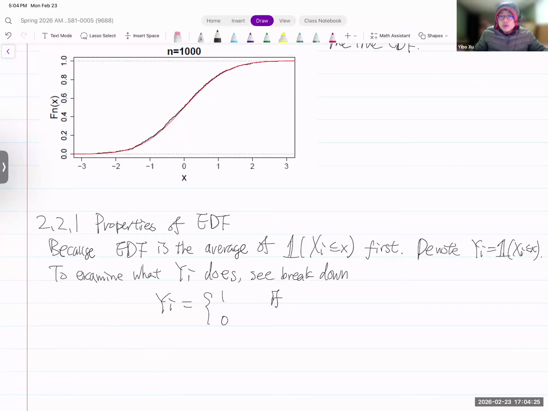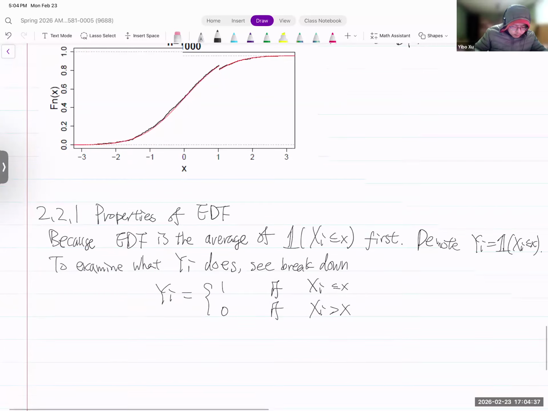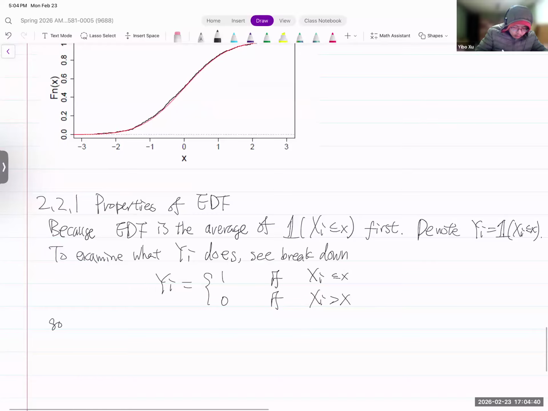It returns 1 when Xi is less than or equal to the scalar value x. Otherwise, if the sample is greater than x, then I return 0. So Yi only takes values 0 and 1.